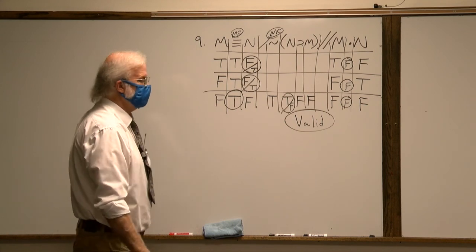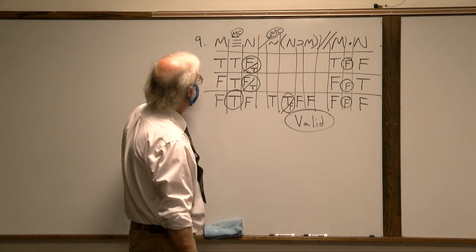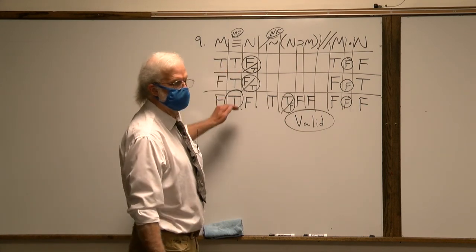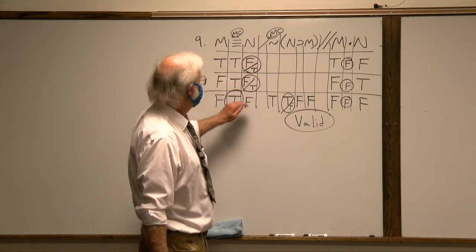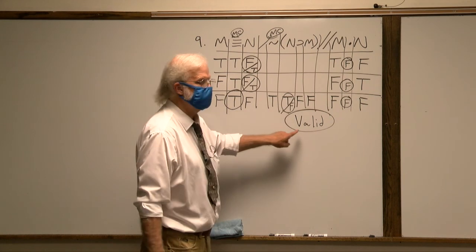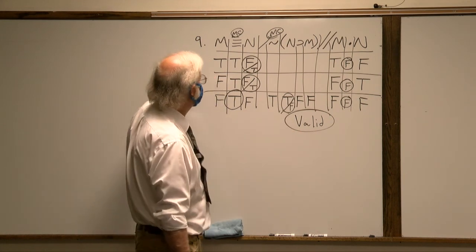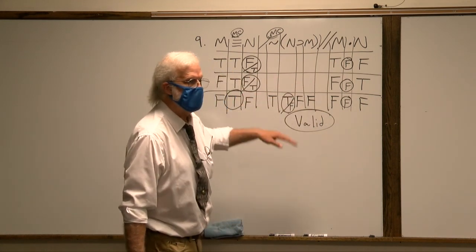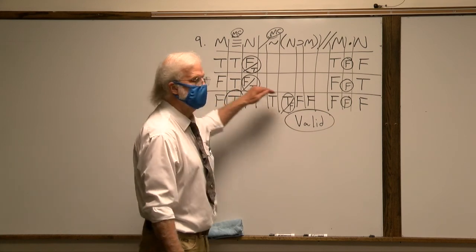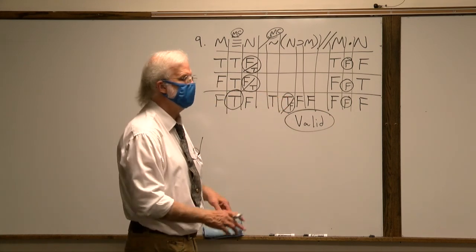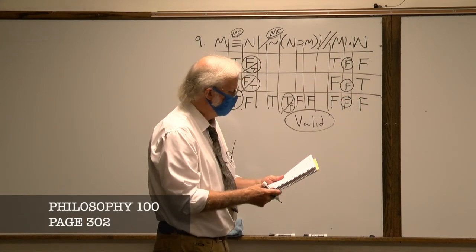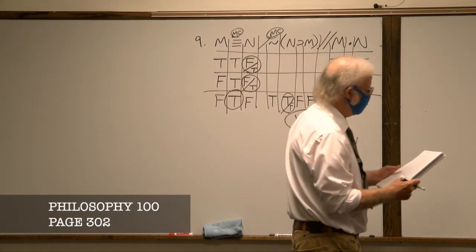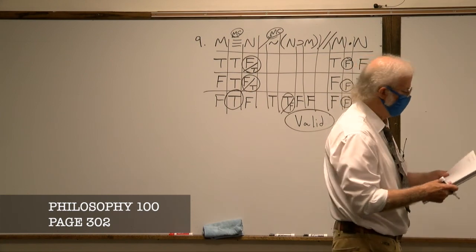Again, that chart is priceless to help you because it's going to say when you've got multiple rows, you have to show a contradiction on every row to make it invalid. If there's even just one tiny row out of the three where there's no contradiction, you can stop and say that it's invalid. This is longer looking, but it's not necessarily any more difficult.